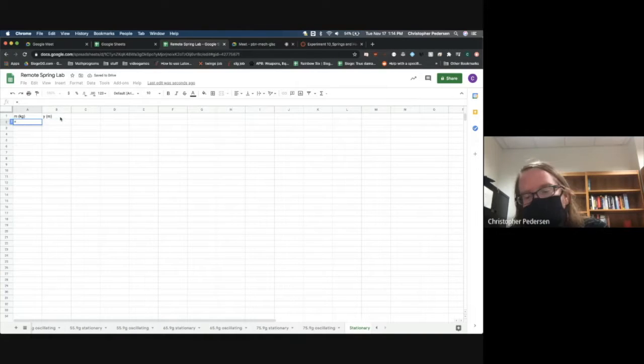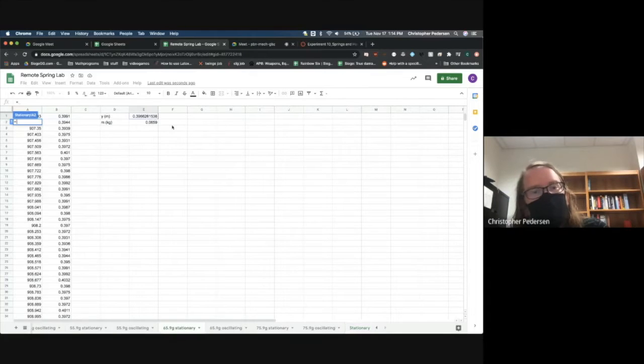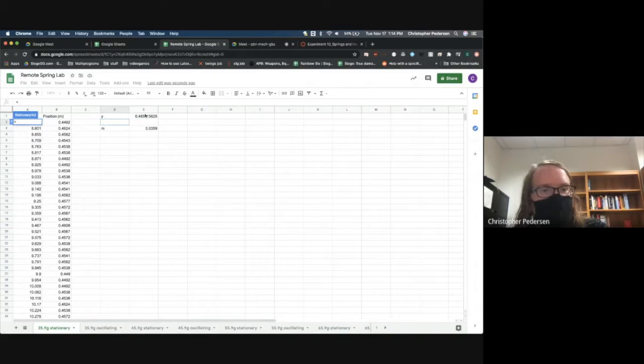And what I can do here is I can reference a specific sheet. You can also see that since I hit equals, it will let me just go over here. And I can go to stationary, and I can pick that if I want.